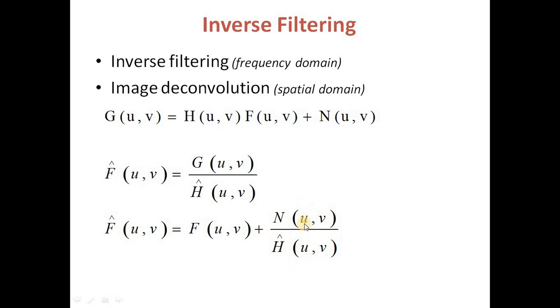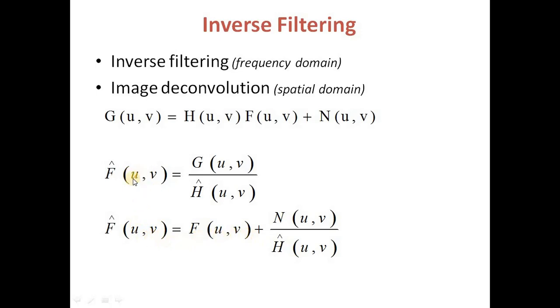So for those frequency components corresponding to u comma v, the noise component will dominate the signal component. So for all those frequencies, F cap of u comma v will not be a good estimate of the original F of u comma v.